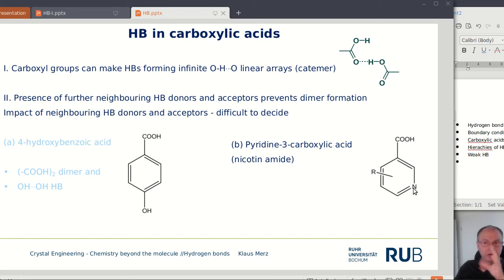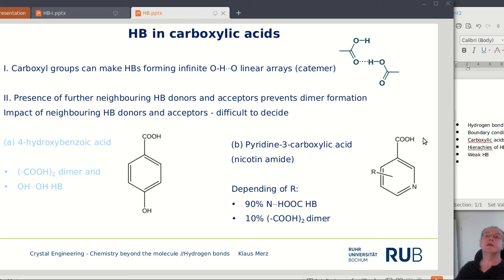Well, if you now look in the structure database, then you will see that in mostly 90% you will see the interaction forming a hydrogen bond of a carboxylic group with the nitrogen here. In only 10% of the compounds you will see the dimer unit of a carboxylic acid. So in this case there is a competition between the two functional groups.